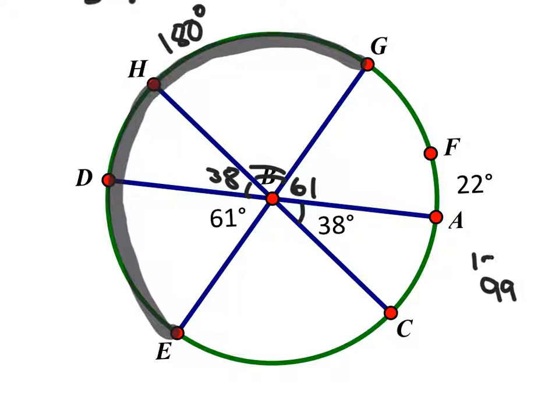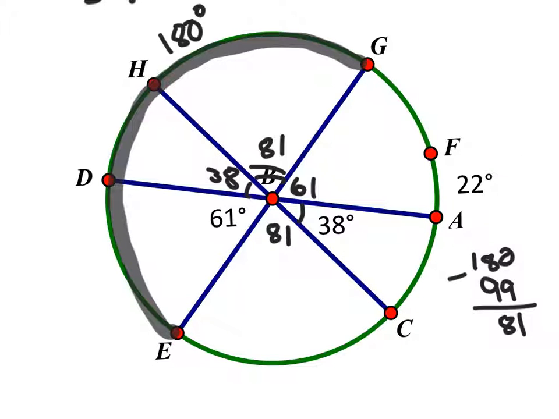And we could do 180 minus 99. So that is 81. So that missing angle here is 81, which means that there's an 81 on the other side.